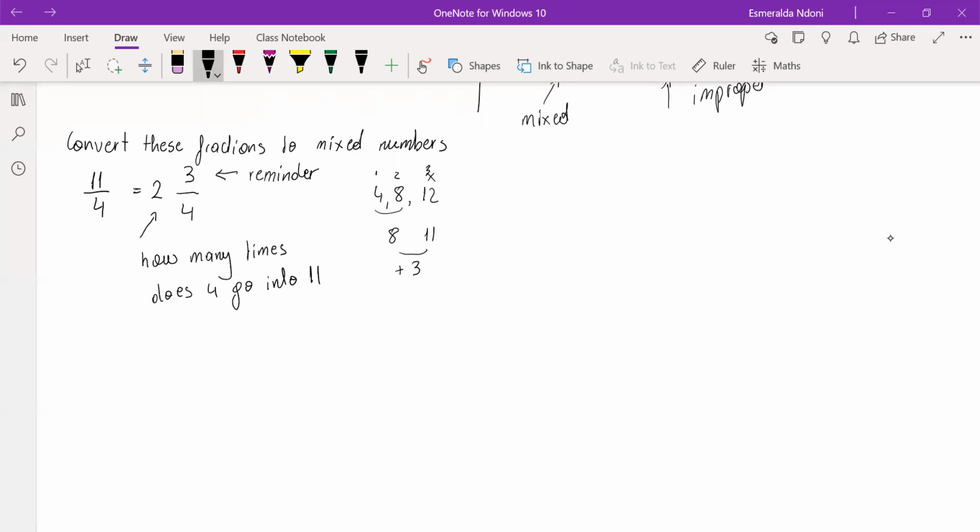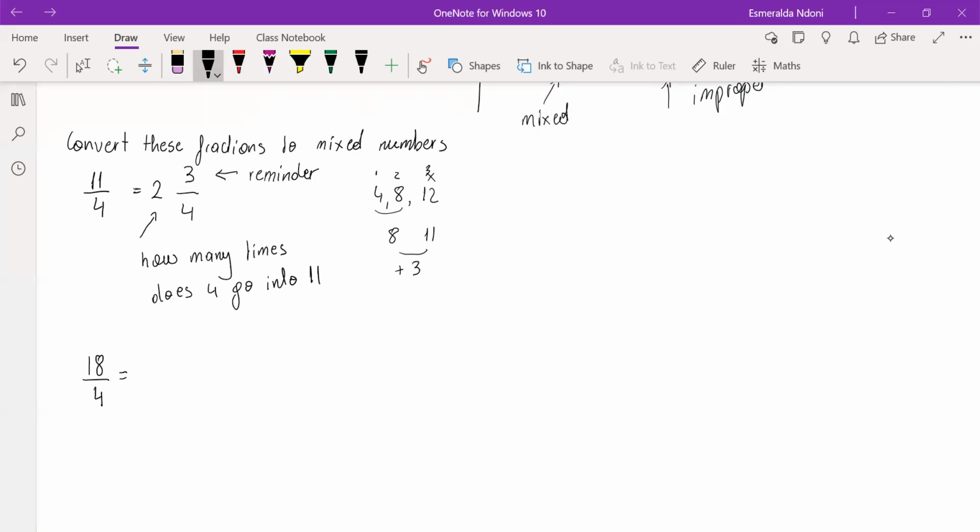Okay, we're going to do one more together before we do some examples. I am now going to ask you to do 18 over 4. As I'm looking at the fraction, there is one thing that I need to do first. What do you think it is? Shout out the answer.